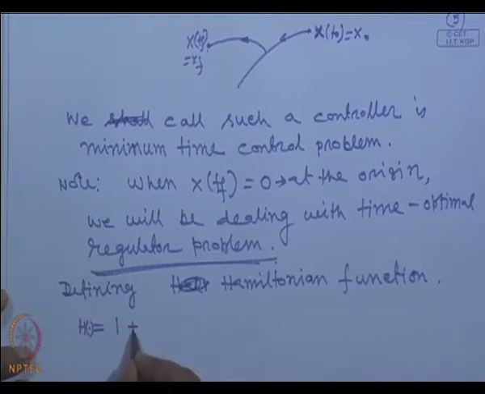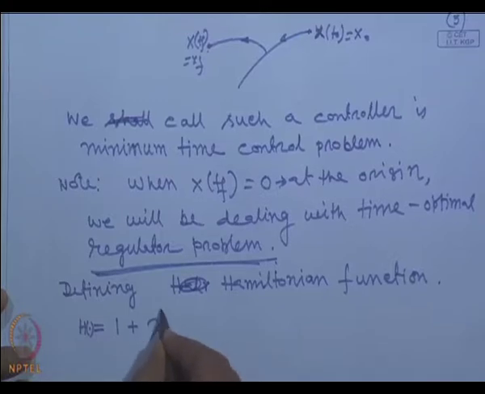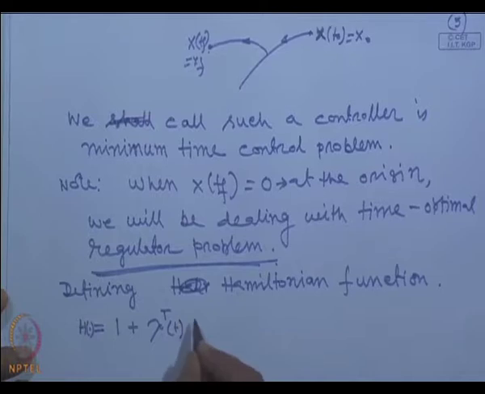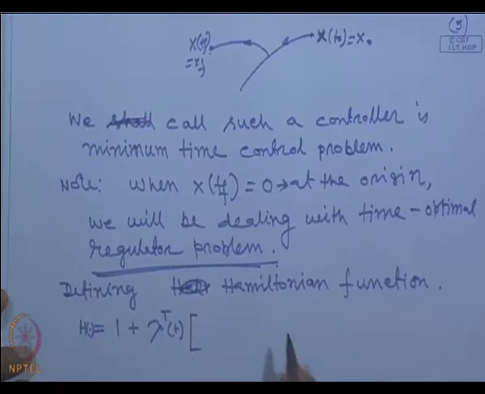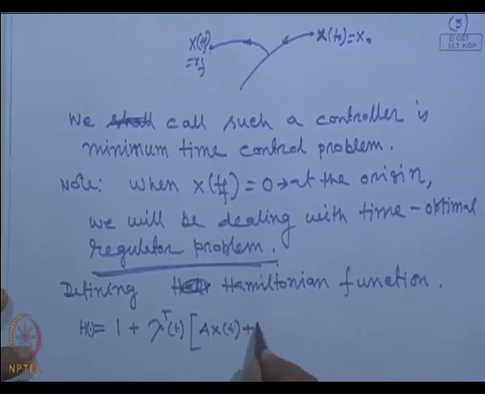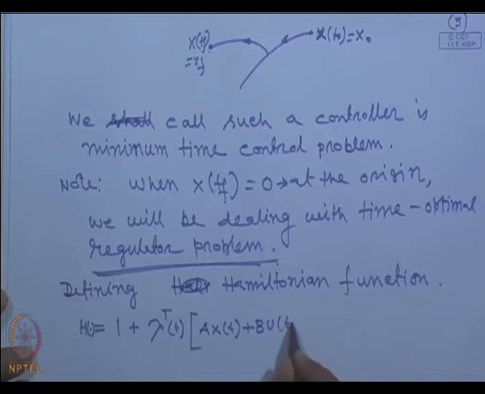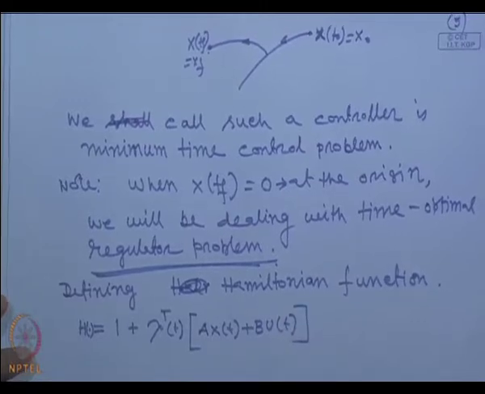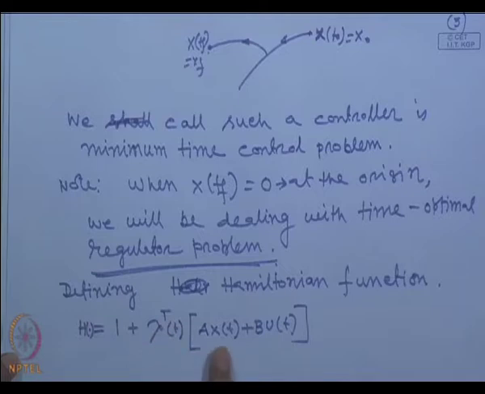1, plus the co-state vector lambda transpose multiplied by the function, which corresponding to our problem is A x(t) plus B u(t). In general, it is the right-hand side of the dynamic equation x dot equals A x plus B u, multiplied by the co-state vector transpose.